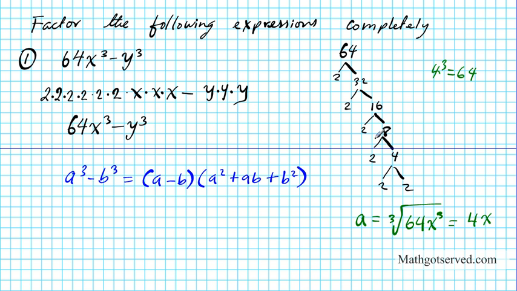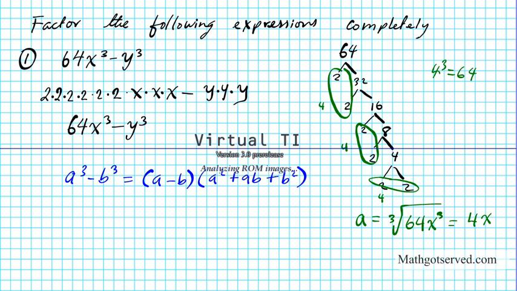We want to find 3 groups of equal product. Since I have 6 twos, I can group them in pairs and have 4 times 4 times 4. That tells me the cube root of 64 is 4. Another way you can do this is by using your calculator. Let me show you how to do this with your calculator.